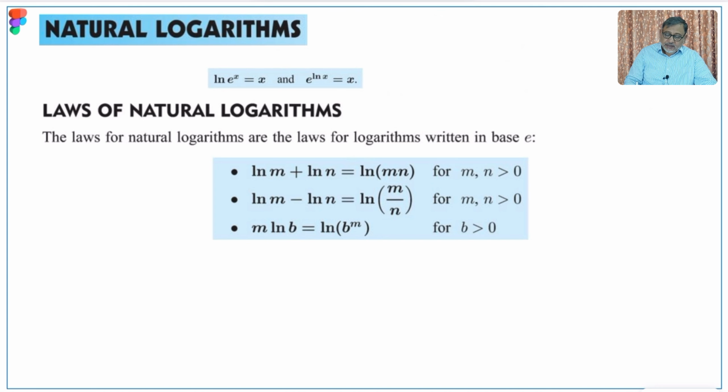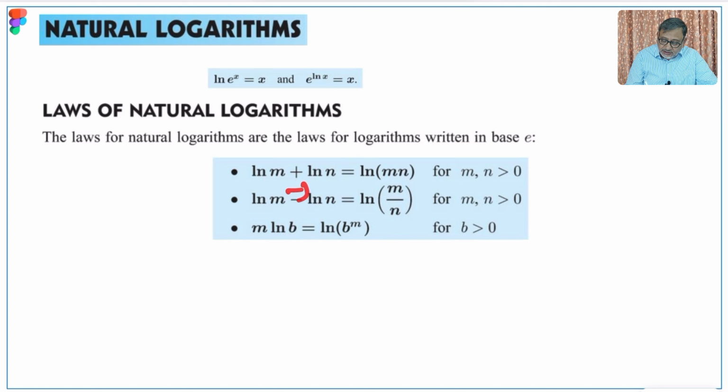Now the laws of natural logarithm, I hope you already know them. ln of m plus ln of n changes to ln of m multiplied by n. So plus changes to multiply when you combine the natural logarithms. Similarly, ln of m minus ln of n will become ln of m divided by n.